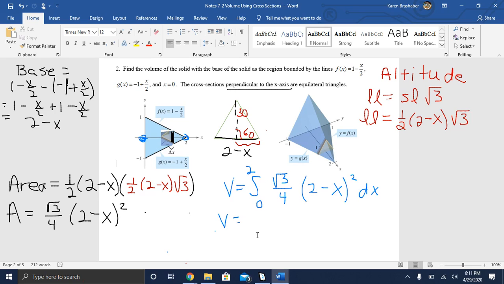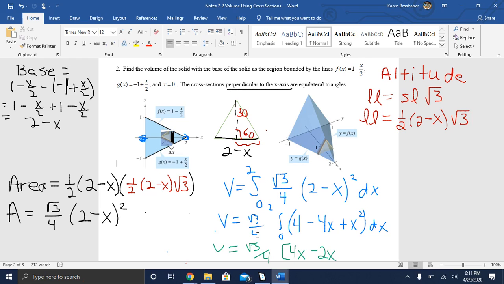So we'll bring out the square root 3 over 4, integrate from 0 to 2. We'll multiply this out, 4 minus 4x plus x squared dx, and then actually do the integration as our next step. So volume would equal the square root 3 over 4, and then integrating we'll have 4x minus 4x squared over 2.